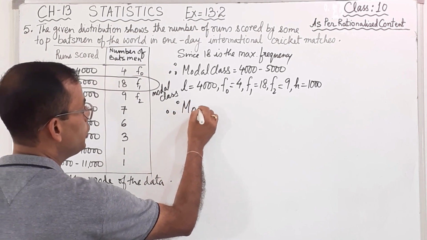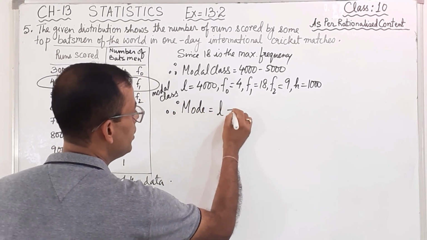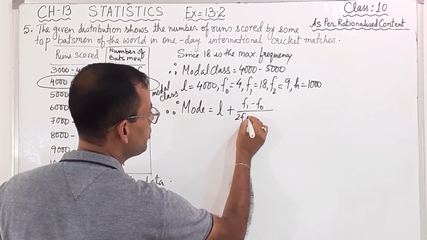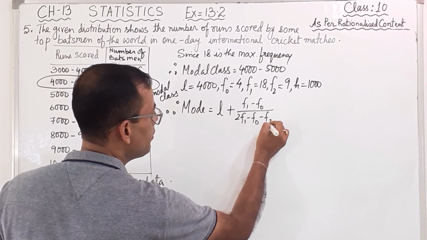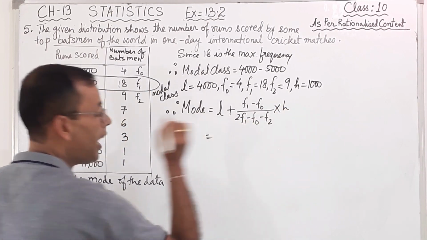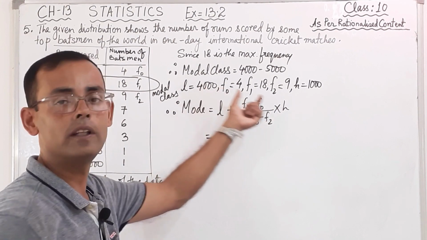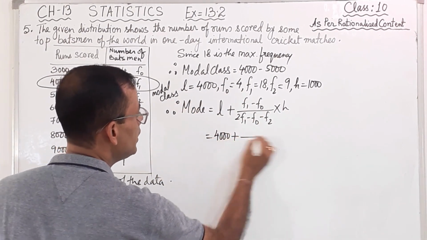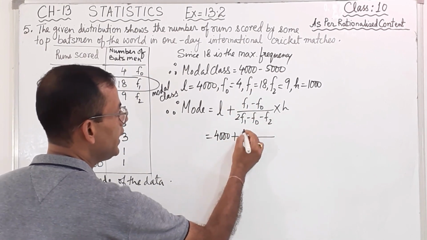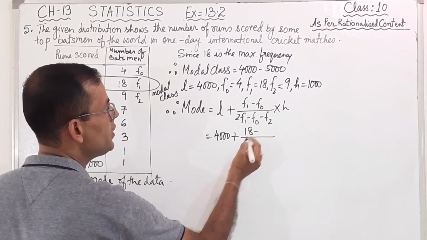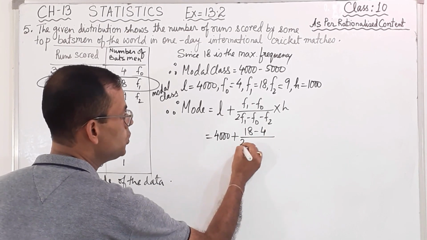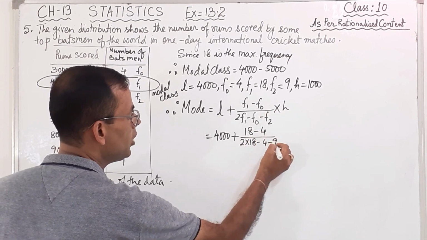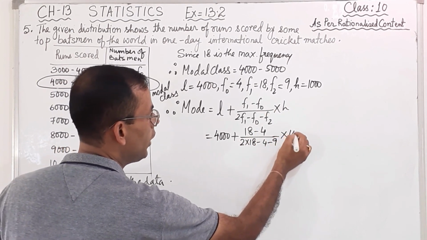Now we will put the formula. Therefore, mode equals L plus (F1 minus F0) divided by (2 F1 minus F0 minus F2), into h. And after that we are going to put the values. So here 4000 plus, now F1 is 18, minus F0 which is 4. Now 2 into 18 minus 4 minus F2, which is 9, into 1000.